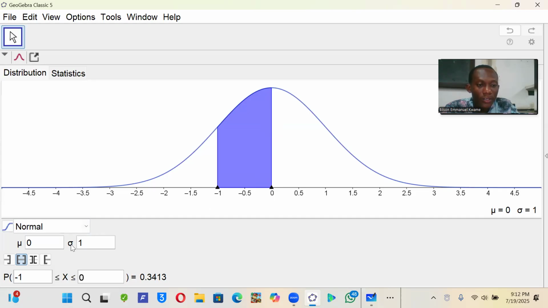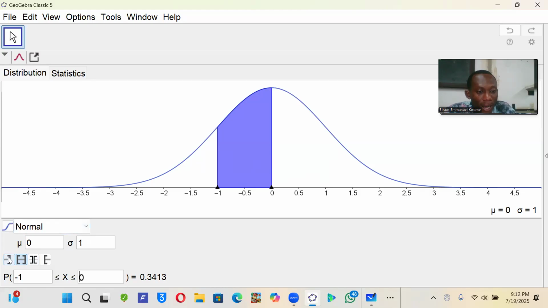Then your standard deviation, sigma, is how much the individual values deviate from the mean. So from 0 it increases by 1, 2, 3, 4. Then coming here, -1, -2, -3, it moves to negative infinity. This right side also moves to positive infinity. Do we get it?